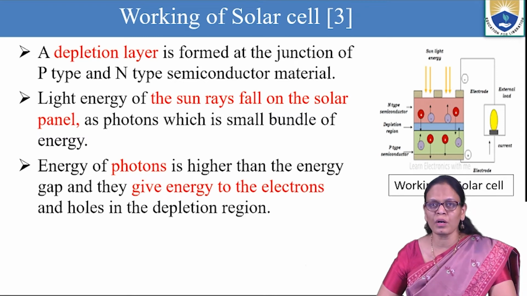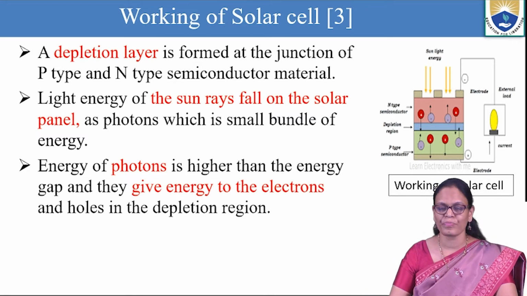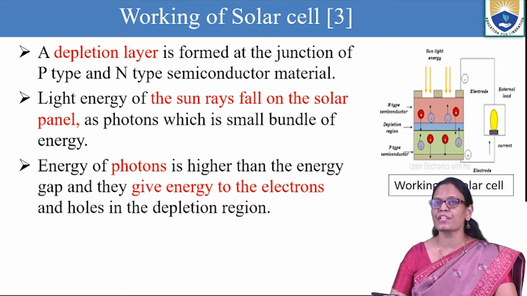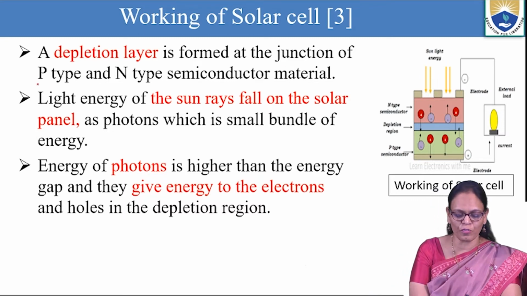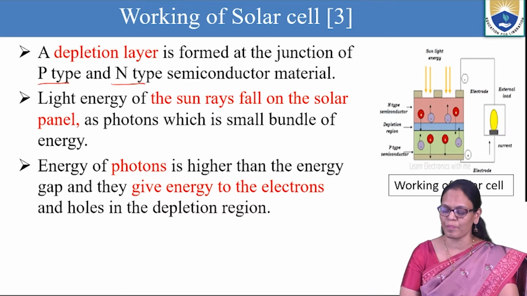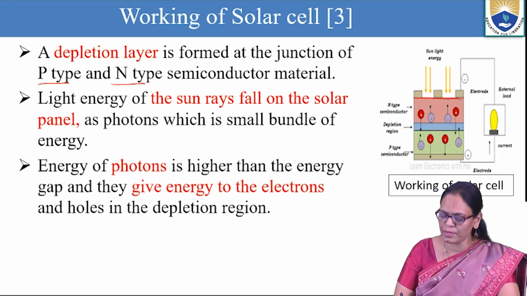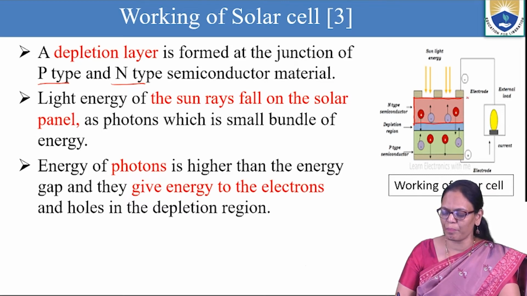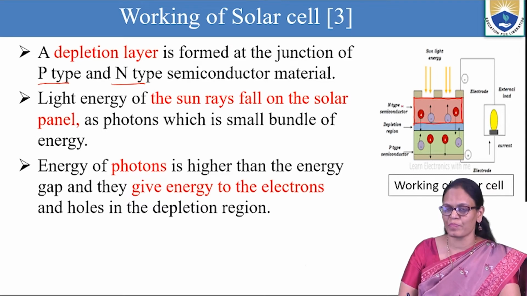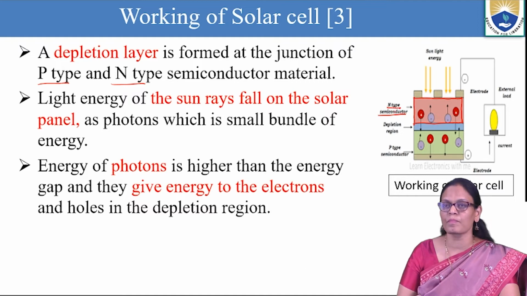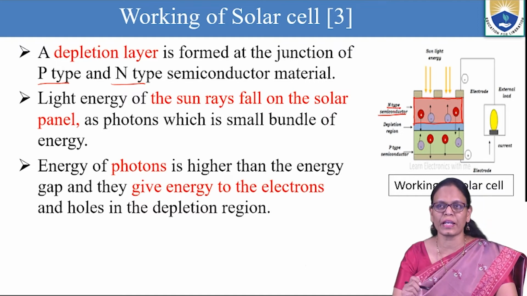Now, how does this solar cell work? A depletion layer is formed at the junction of P-type and N-type. If you see in the figure here, this is the N-type semiconductor. We are taking two different layers, N-type and P-type.